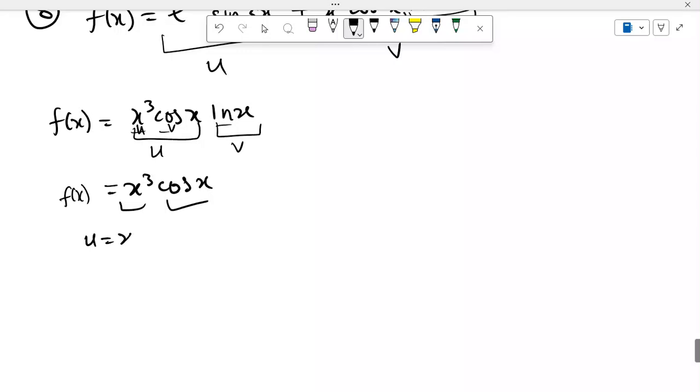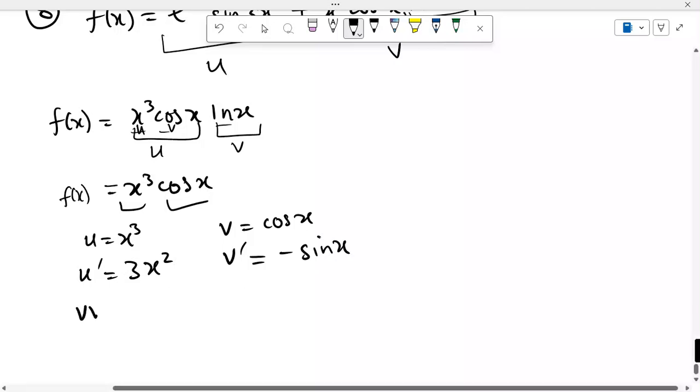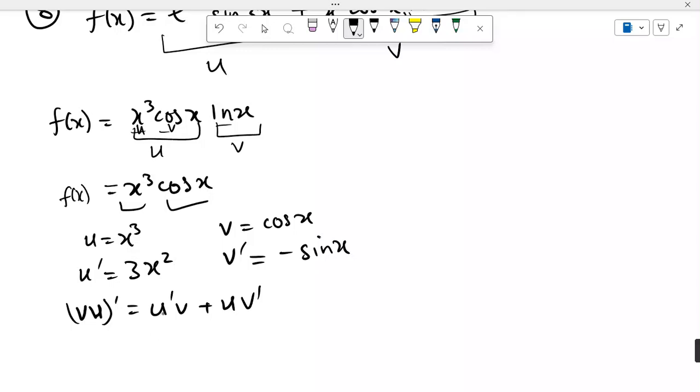So u equals x cubed, meaning u prime is, we drop down the 3, subtract the power by 1, which is 2. Our v is cos x, v prime is negative sin x. Okay, so now let's apply our formula. The derivative equals u prime v plus u v prime. So what is our u prime?